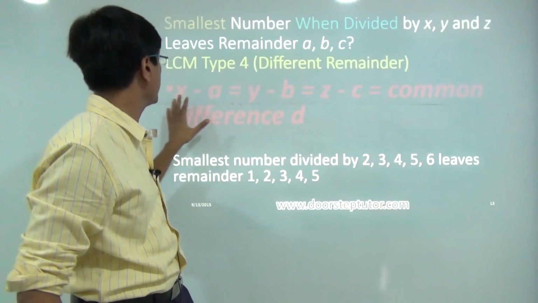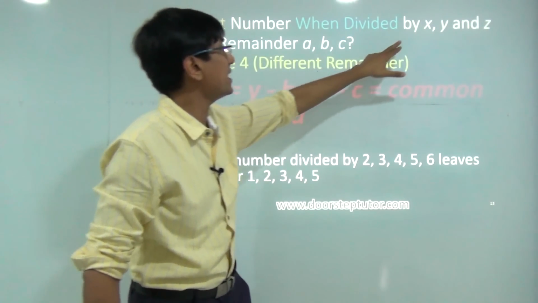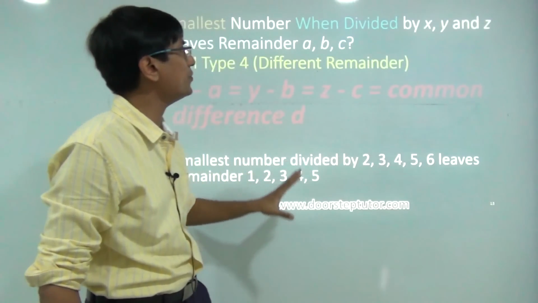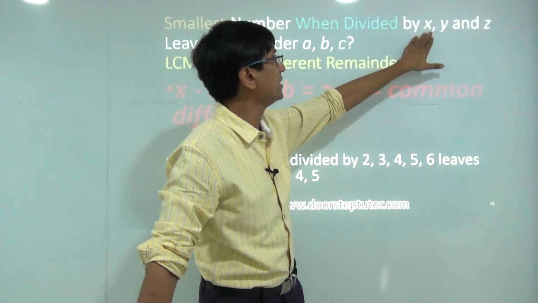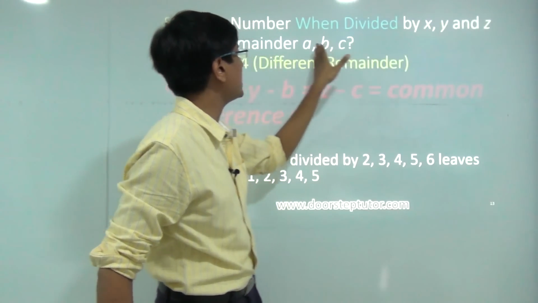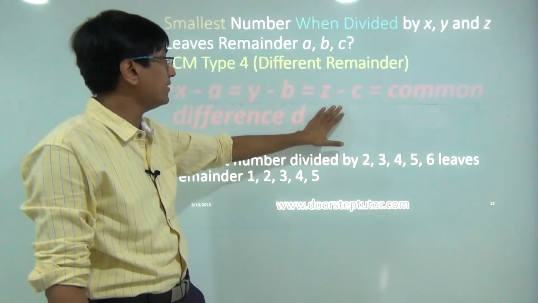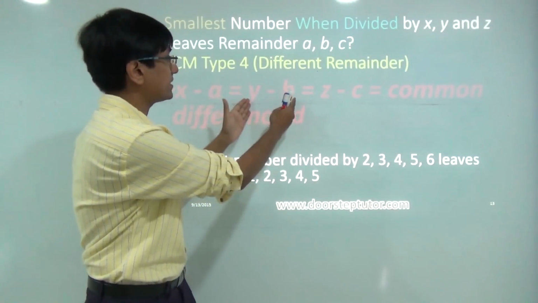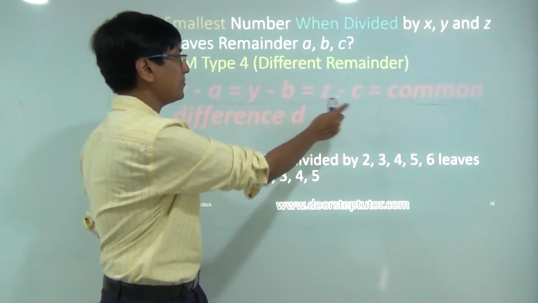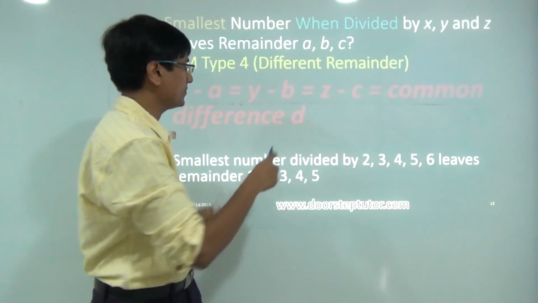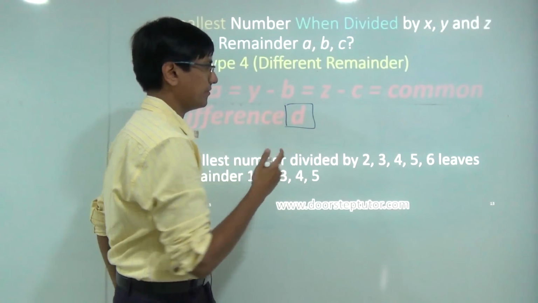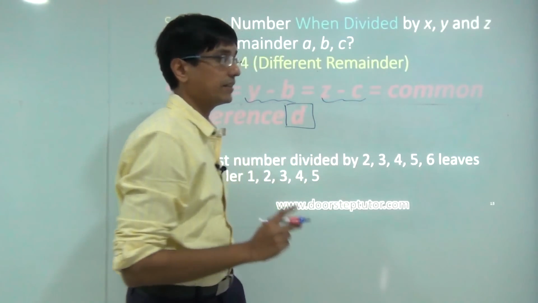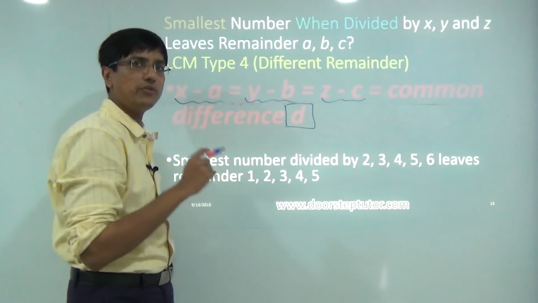The first thing you do is find the differences x minus a, y minus b and z minus c. You find the difference between these divisors x, y and z and their corresponding remainders. If these differences are the same, I call it the common difference d. This d is a variable that we'll use. If these differences are the same, then I can use the technique which I am going to tell you next.